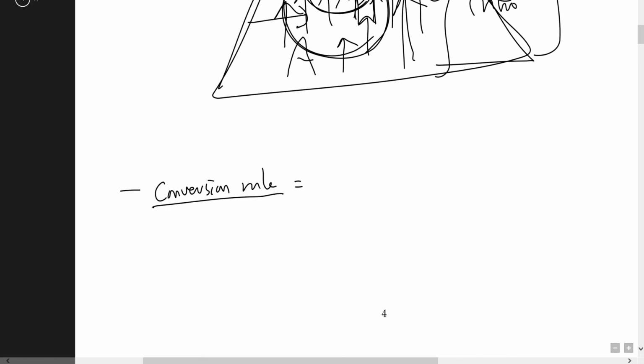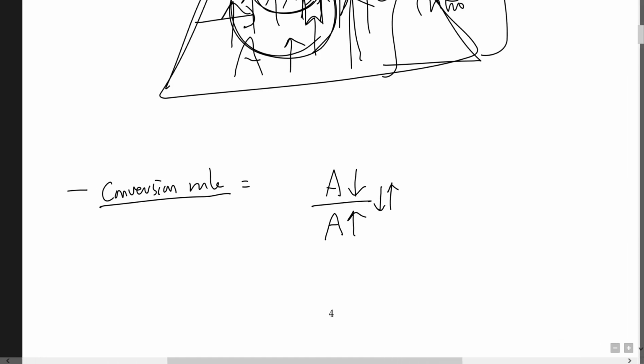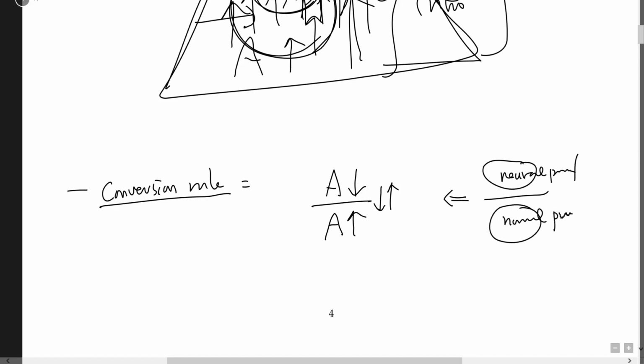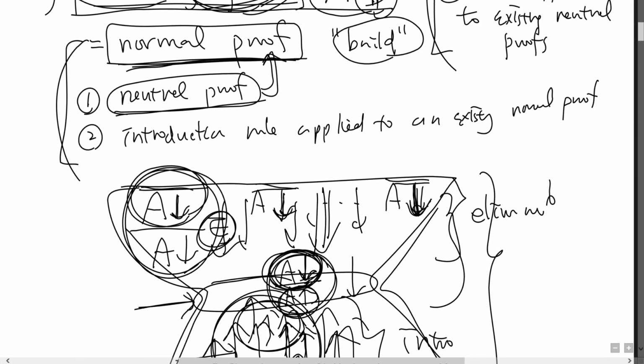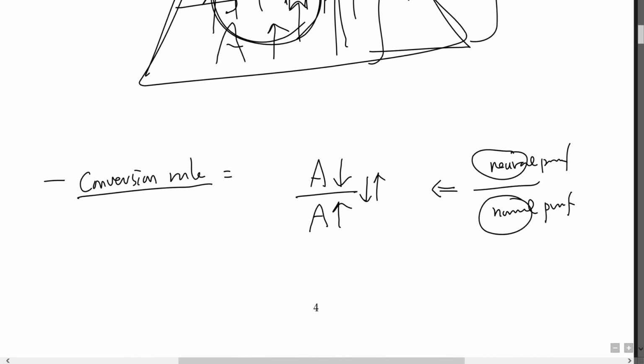The conversion rule literally converts a down arrow into an up arrow, and we can call this rule down arrow, up arrow. Basically what this rule says is that a neutral proof can be converted to a normal proof, as stated in the definition of normal proof. So now we have this special rule called the conversion rule.